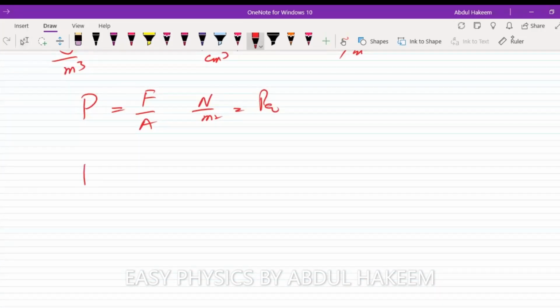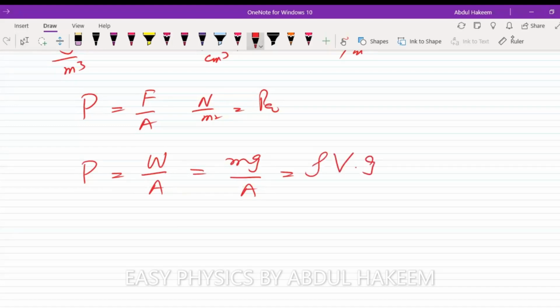And the pressure is exerted sometimes due to the weight. So W divided by area. Weight is equal to mg divided by area. And m is the density multiplied by volume, multiplied by g, divided by area. So the pressure is equal to density, volume, area into height into g divided by A. So cancelled.